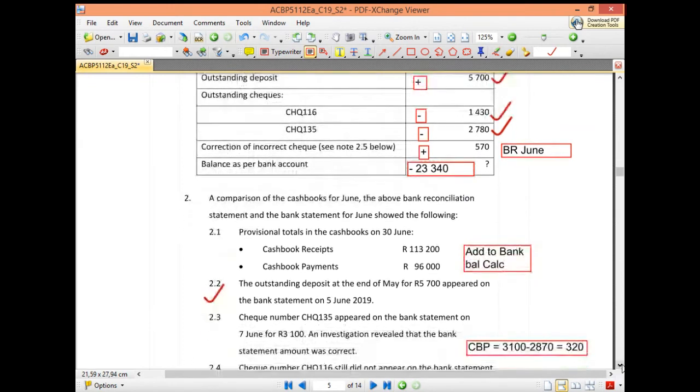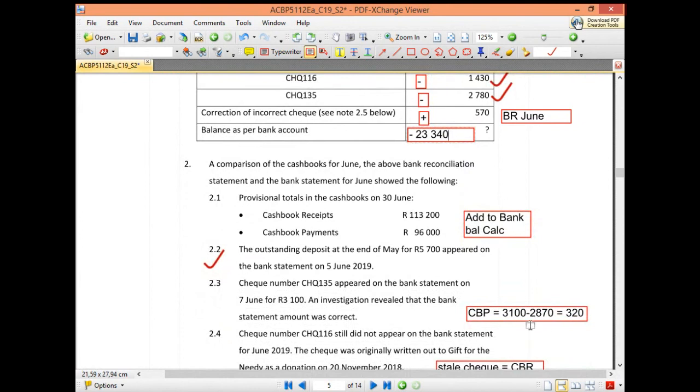So that is why I did this calculation here. The 3,100 is the correct amount in our bank statement, but we only show 2,870 in our cash book payments. So we need to reflect an additional 320,000 in our cash book payments to show the correct amount for that check.